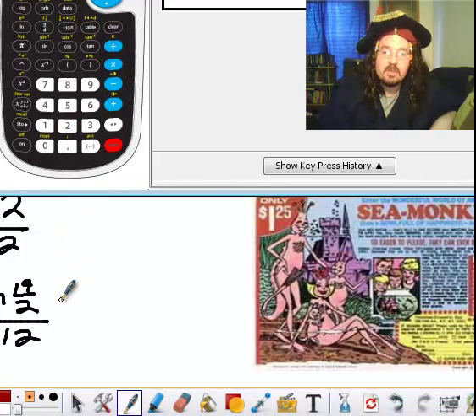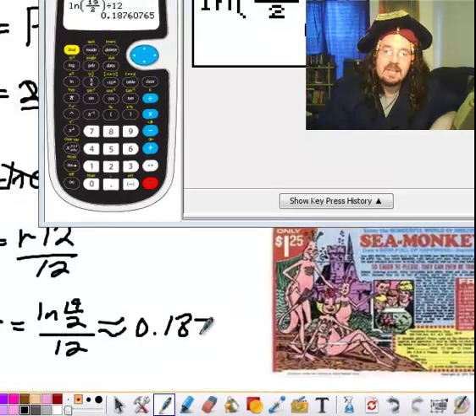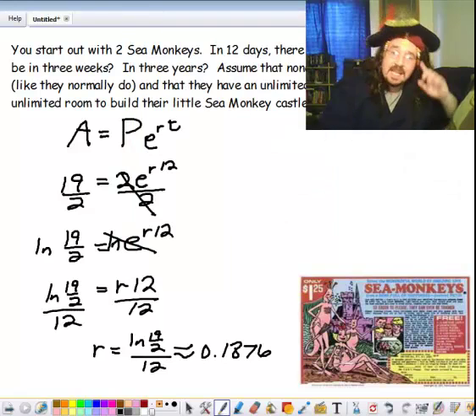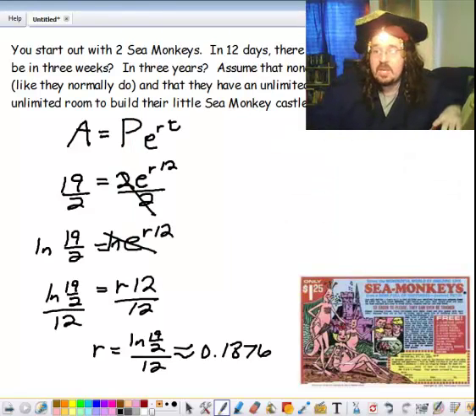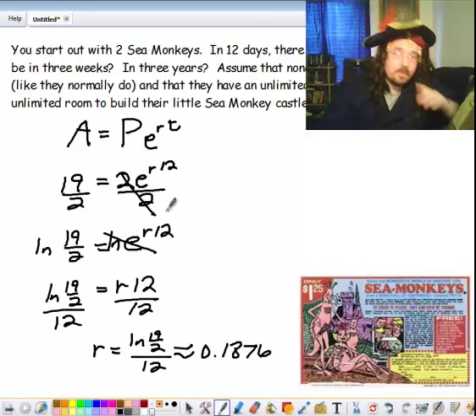Didn't need to use the fraction button twice. It was a rather easy problem to do, and this is approximately equal to 0.1876. And I'll keep that in my calculator, even though I don't write out all of the digits for you.